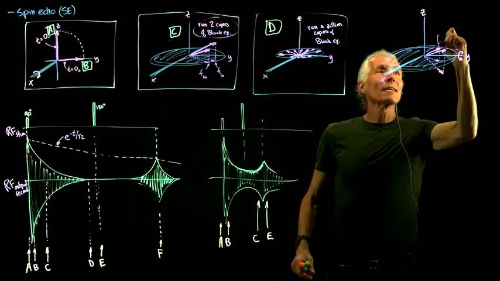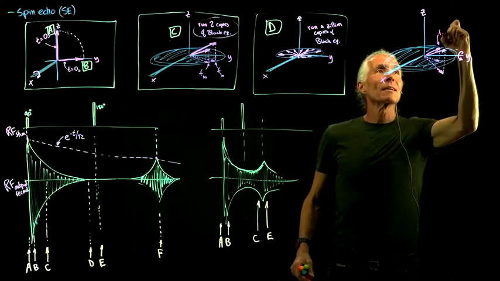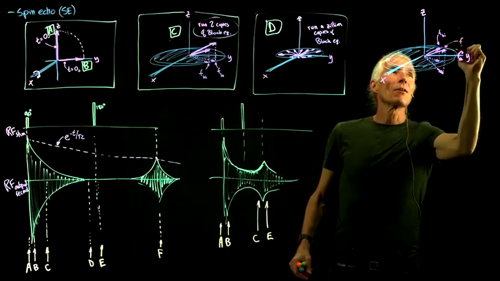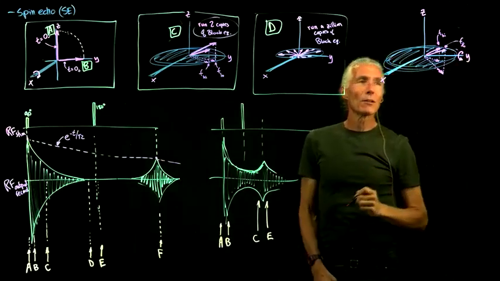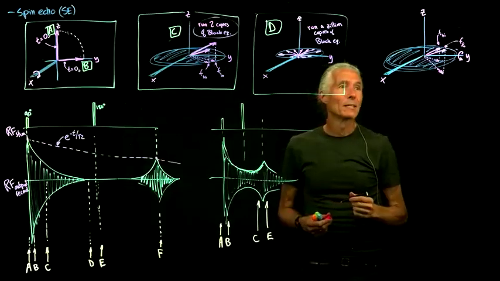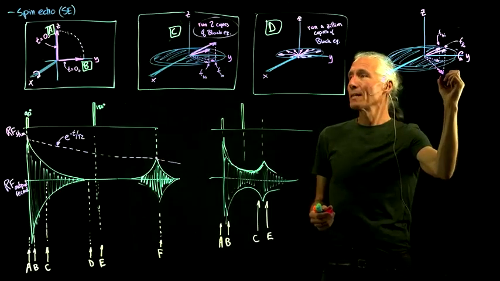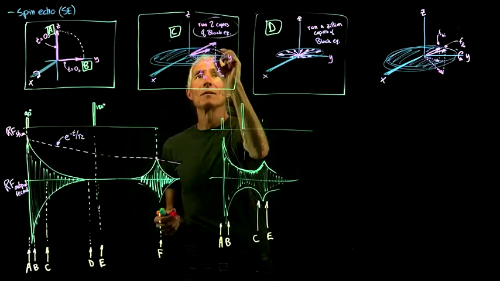So this guy will be frequency high, and this guy is frequency low. Frequency low had been getting behind this guy.